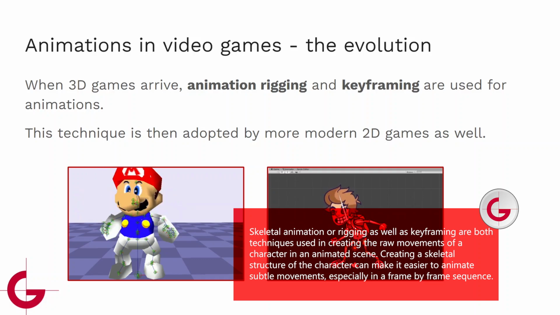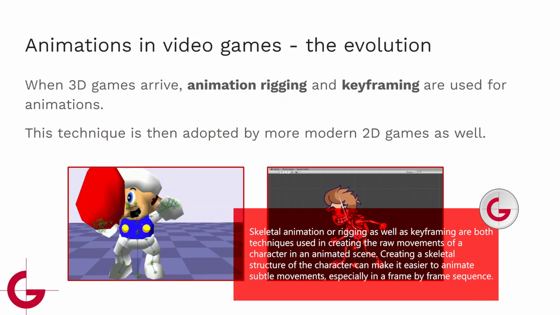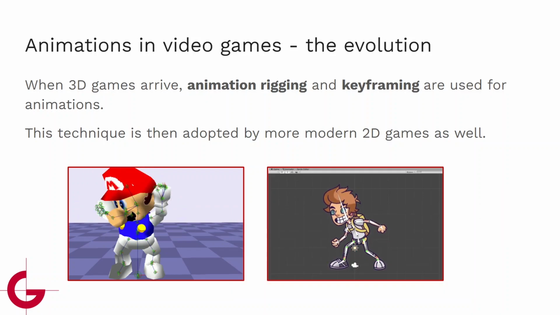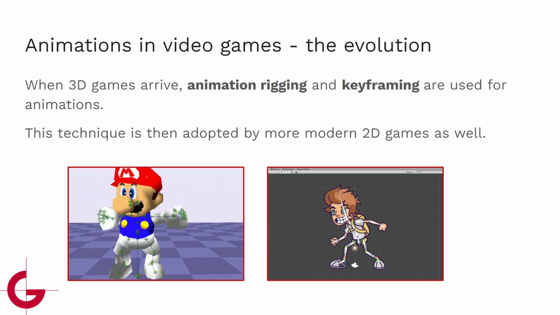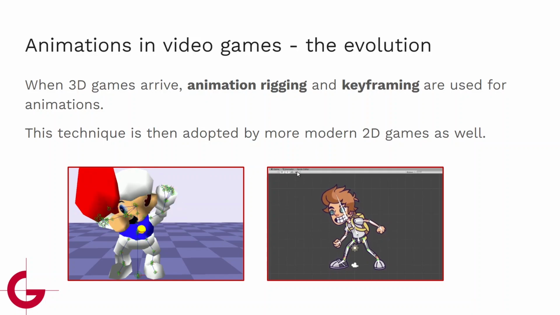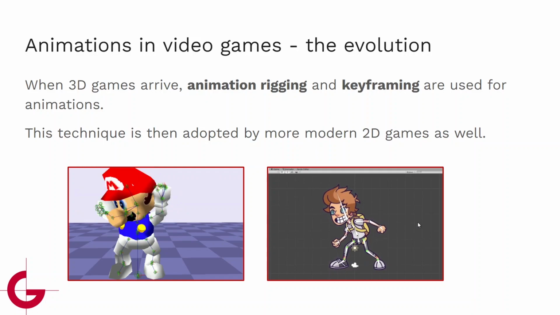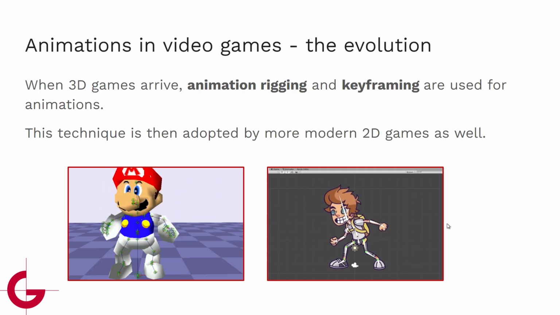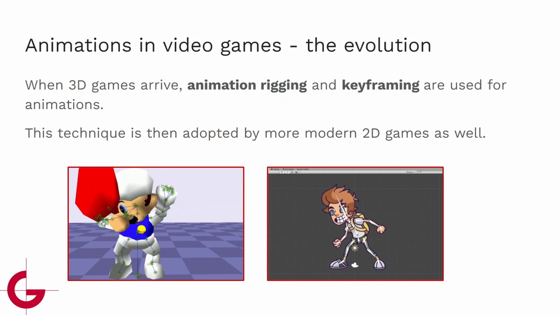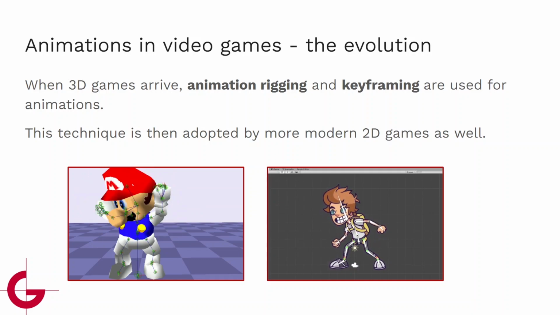This can be one mesh or multiple meshes, and then they just define the rig and then keyframe animate this rig. And modern 2D games also adopt this technique for their animation. As you can see on the right, this character is made up of the head, the body, the arms, legs, and then we just animate these different parts to create an animation.